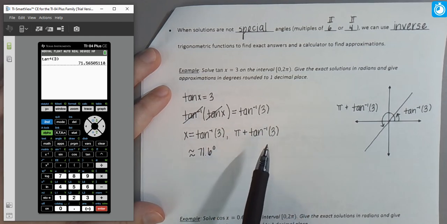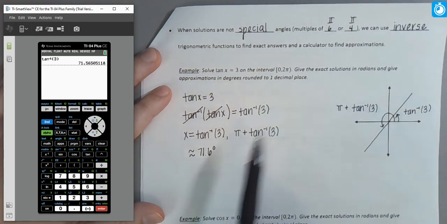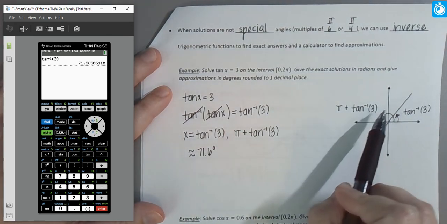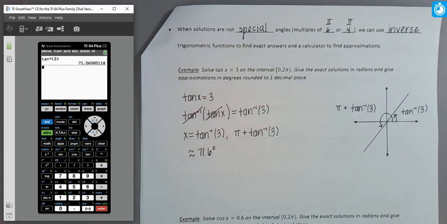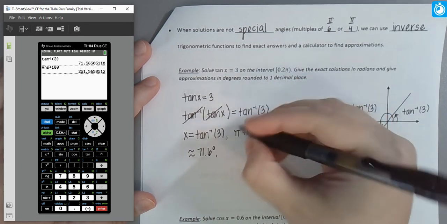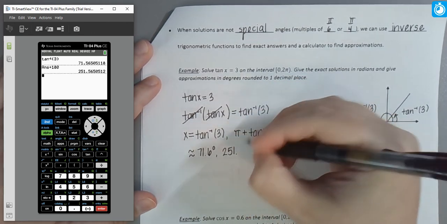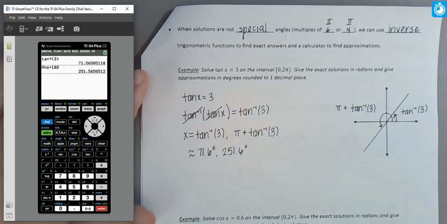Now I can use what I already have, but I'm not going to add pi, because remember, pi is in terms of radians. If I want to represent a half rotation in degrees, I need to add 180. So from the angle measure I have, I'm going to add 180 degrees, and that's going to take me to the other angle that solves my equation. So to 1 decimal place, that's 251.6 degrees.